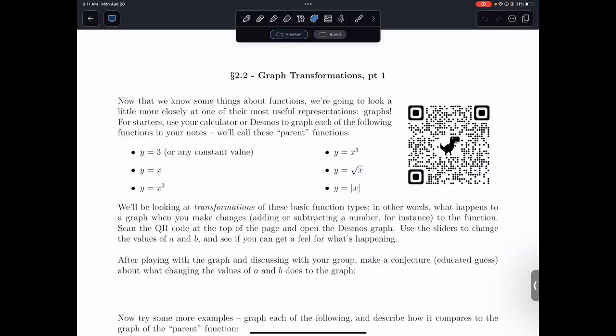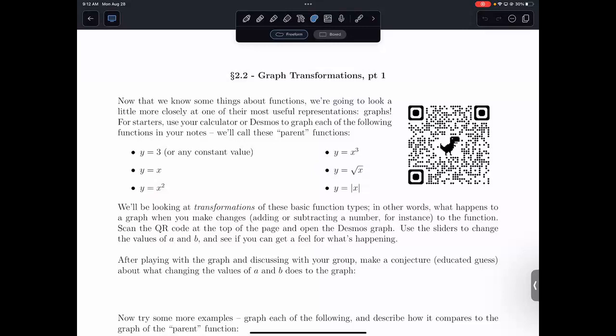What I want you to do is take a couple of minutes and grab a calculator or pull up Desmos or something, and graph these things. Go to a place where you've got a full empty page in your notes, so you've got room. Draw yourself a little sketch. It doesn't have to be perfect; you pretty much just want the shape and where it is.